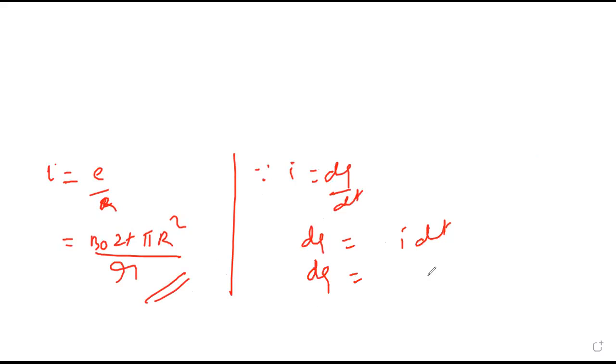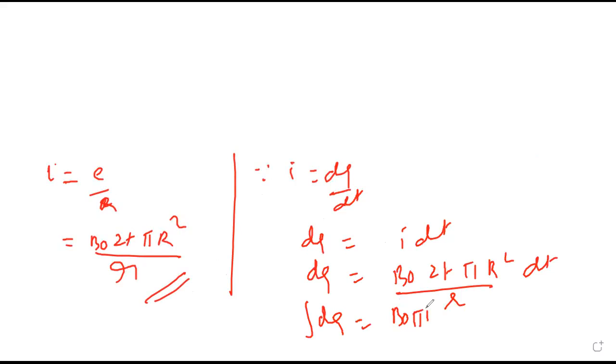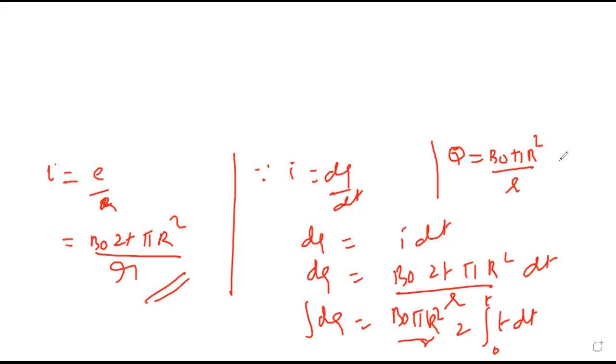Therefore dq will be B naught 2t pi R square upon r dt. Integrating, B naught, pi R square, small r and 2 are constant, integral of t dt from 0 to t. Therefore total charge q is B naught pi R square upon small r into t square upon 2. The 2 will get cancelled. So q equals B naught pi R square t square upon r.